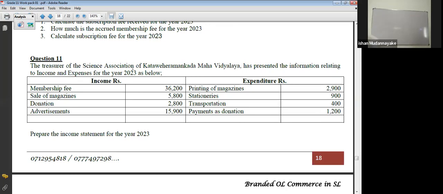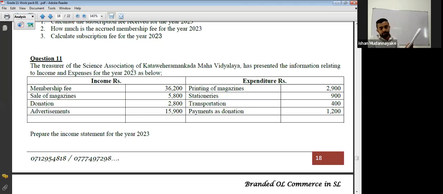Look at the question. The treasurer of the Science Association of Kotavehera Mankada Mahavidyalaya has presented the information relating to income and expenses for the year 2023 as follows.